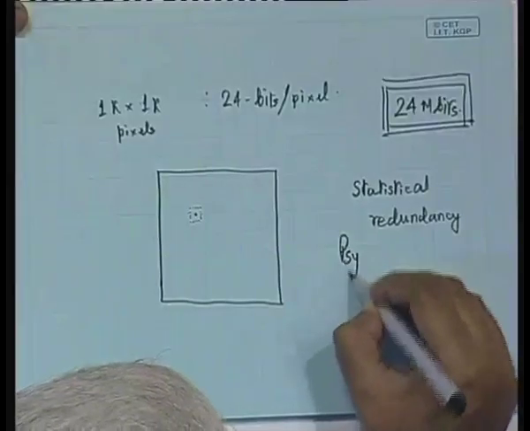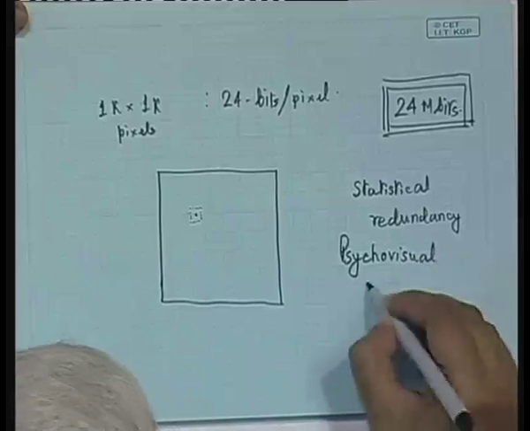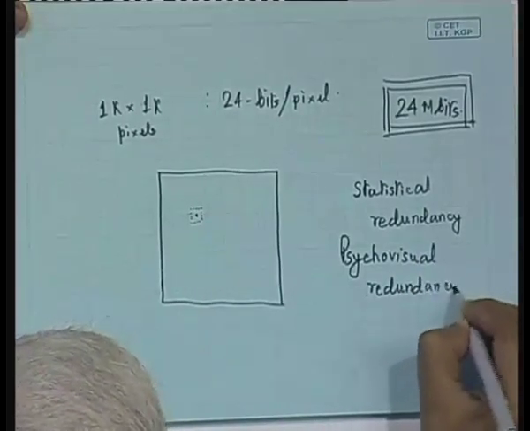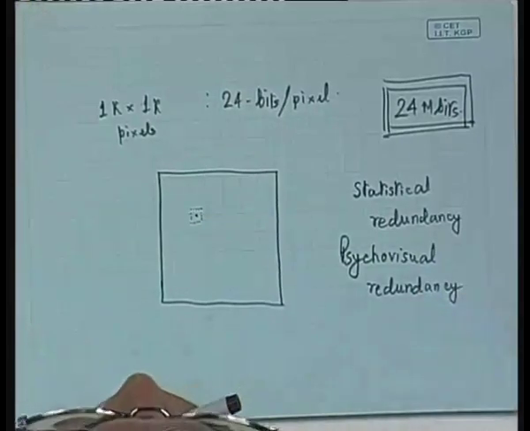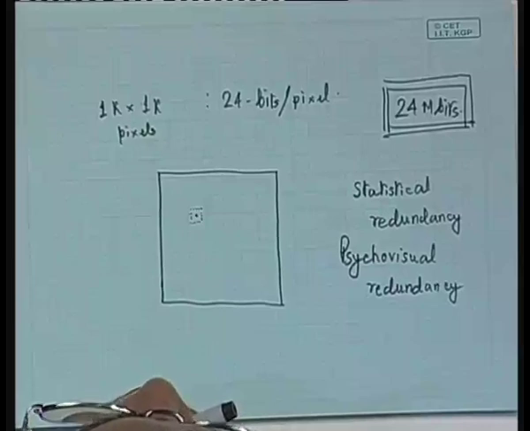So, there is yet another redundancy which we have to exploit, and that we call psychovisual redundancy. So, psychovisual redundancy essentially refers to what our eye does not really require. Using the psychovisual model, a lot of studies have been made.